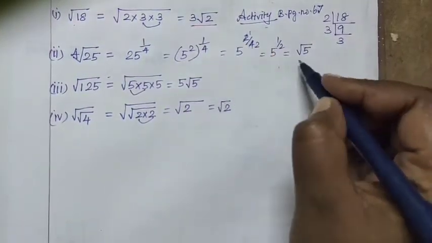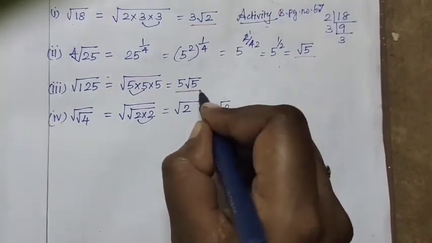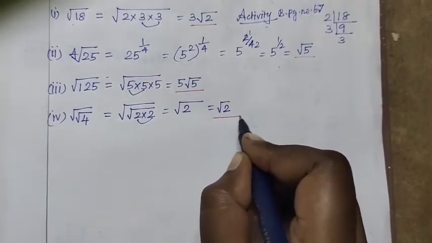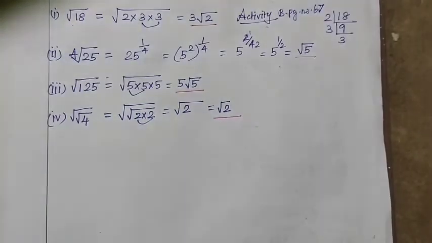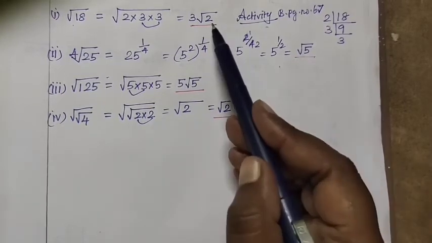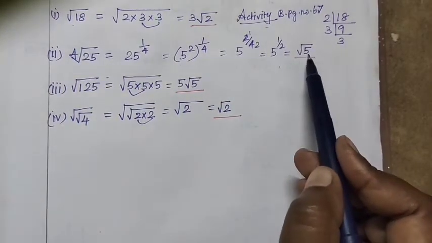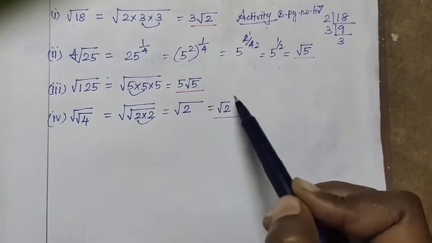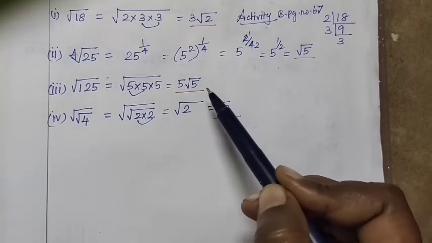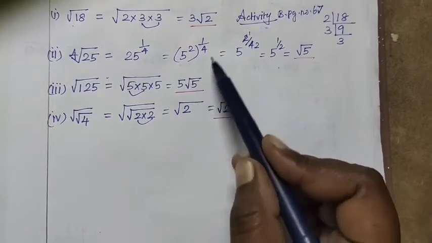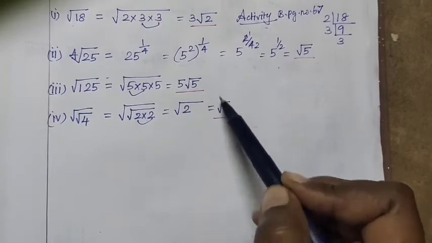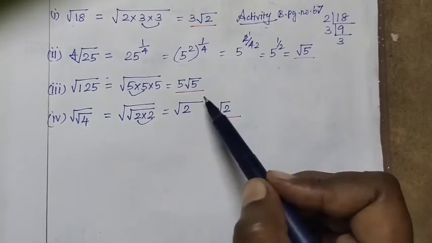3 root 2, root 5, 5 root 5, here root 2. And tell what number is inside the radical sign. Here root 2, here root 5, root 5, root 2. 2 and 5, these numbers inside.